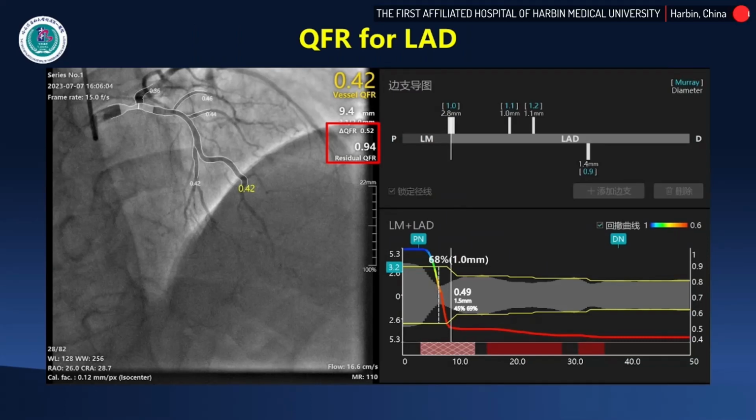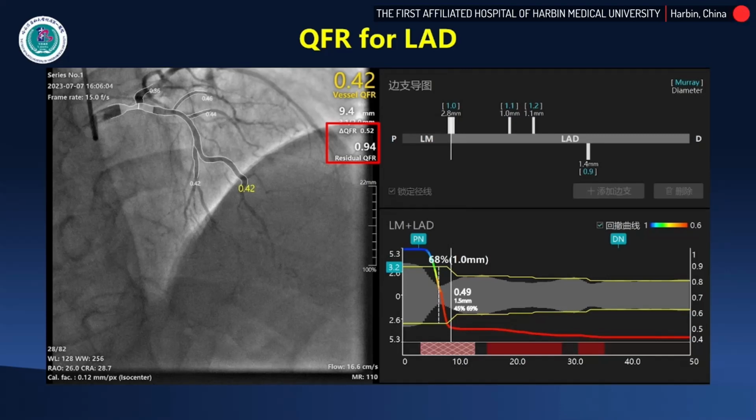We have introduced the Chinese original functional tool QFR in several cases. We all know that the FAVOR III China study is very famous. It told us that among patients undergoing PCI, a QFR-guided strategy for lesion selection improved 1-year clinical outcomes compared to angiography guidance.